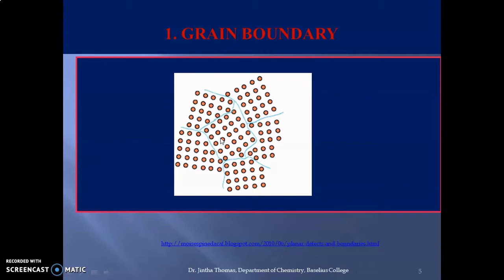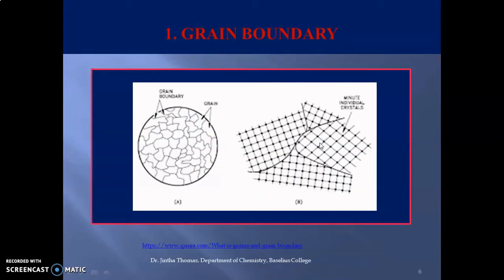This grain boundary is a two-dimensional imperfection. During the crystallization process, new crystals are formed from different parts and they are randomly oriented with respect to one another. As you see here, new crystals are formed everywhere, and they are randomly oriented with respect to each other.